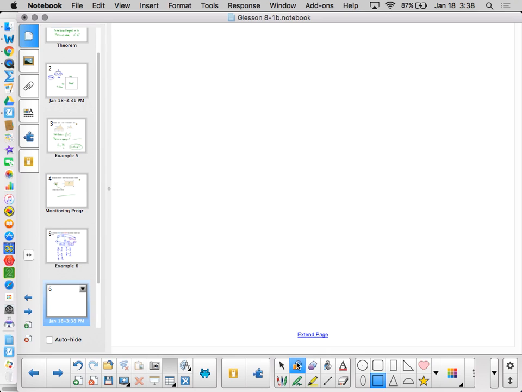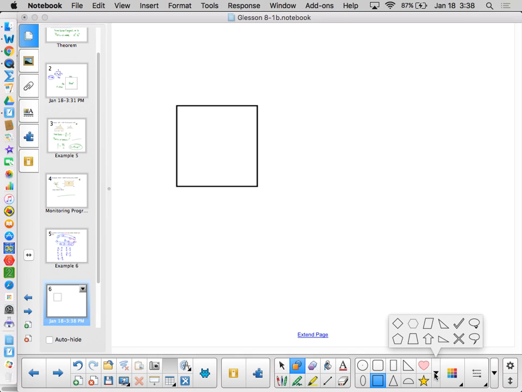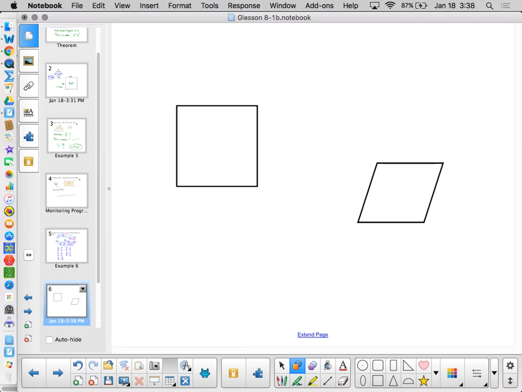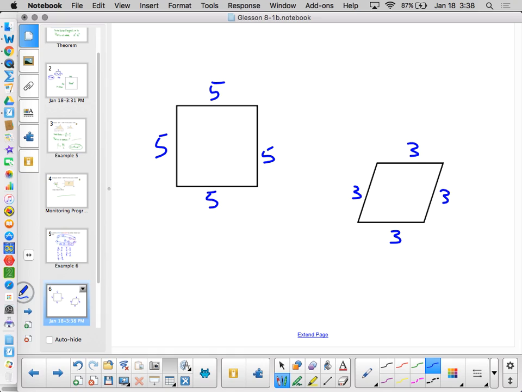Take, for example, if I have a square and I have a rhombus. And all the sides here are 5, and all the sides here are 3. If I take these corresponding sides, it's always going to be this ratio of 5 to 3, isn't it?